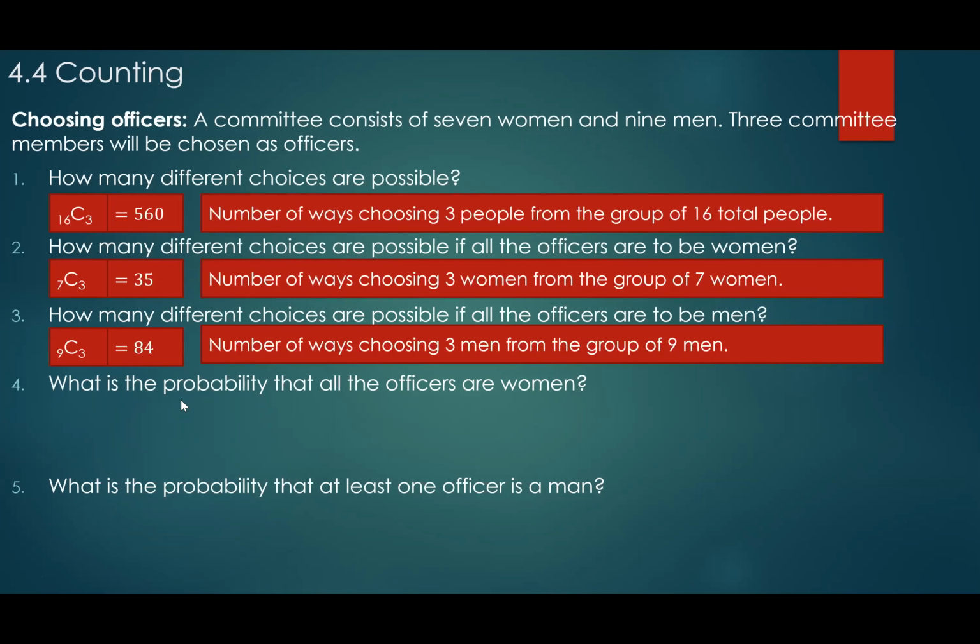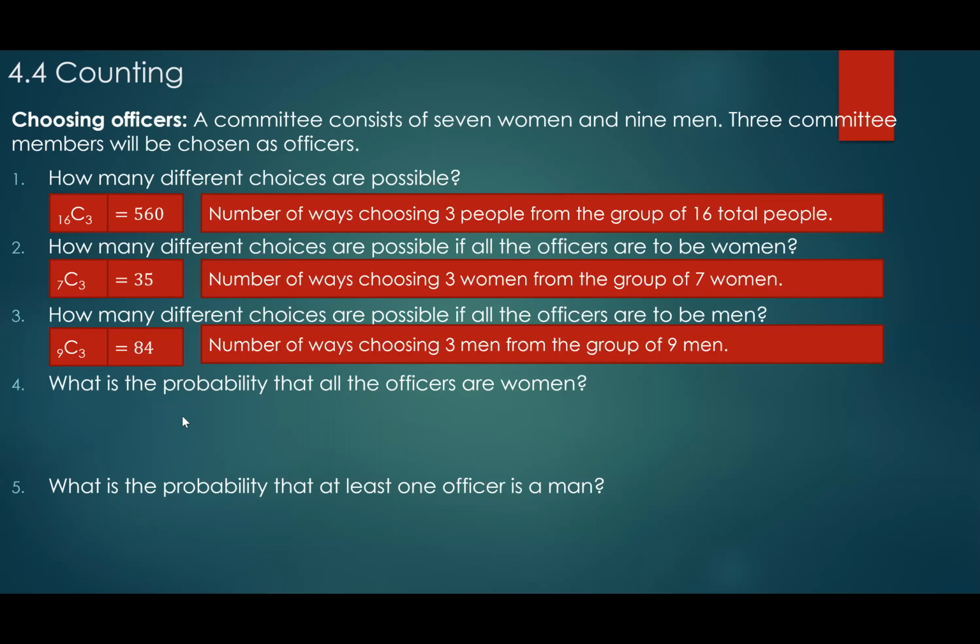If they say, what is the probability of selecting 3 committee members and all 3 of them are women, then you have to know the total number of ways of choosing that amount from the group of people that you have. In this case, finding the probability is easy because we know the total number of ways of choosing 3 people from a group of 16.